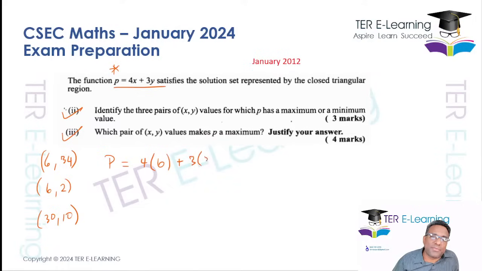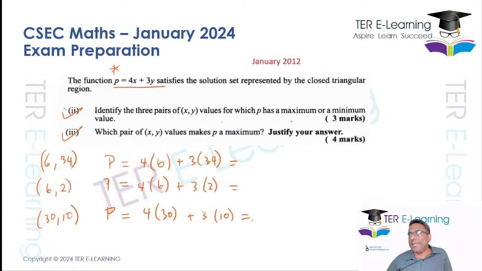So that's 34. So I'm just going to write out all of them first, and then we're going to calculate it. So this is going to be 4 by 6 plus 3 by 2. The next one is 4 by 30 plus 3 by 10. Right? So we need to work out each of these here.